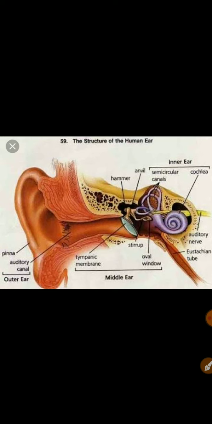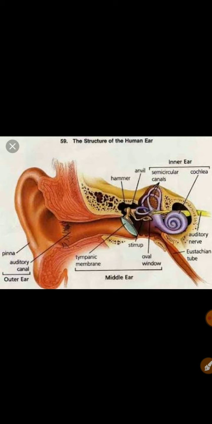It helps us to hear the different sounds which are in our frequency range. If I talk about its structure, it can be divided into 3 main parts. And what are these 3 main parts? External ear, middle ear and internal ear.